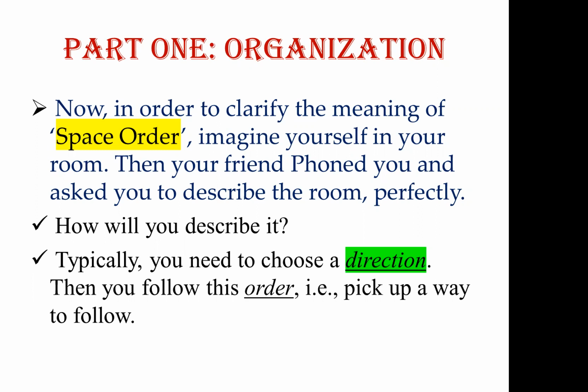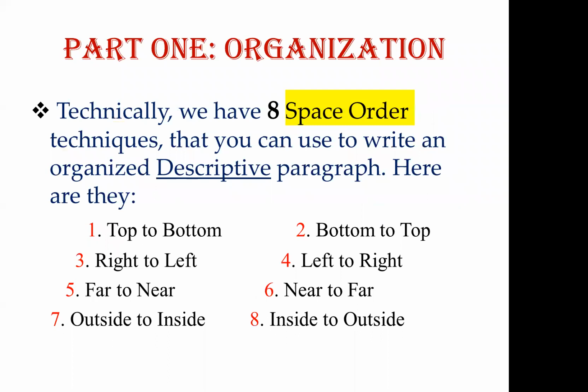How you will describe it? Typically, you need to choose a direction. Then you follow this order, okay, this direction. What I mean is you have to pick a way to follow. You have to pick a specific way to follow it and not to go around randomly and choose items to describe them. No, you have to choose a direction. This will be more clear when we discuss them right now.